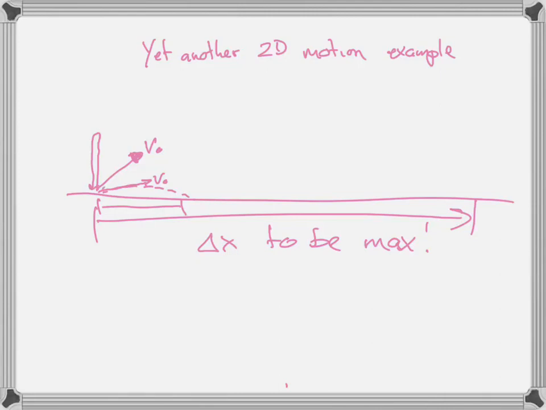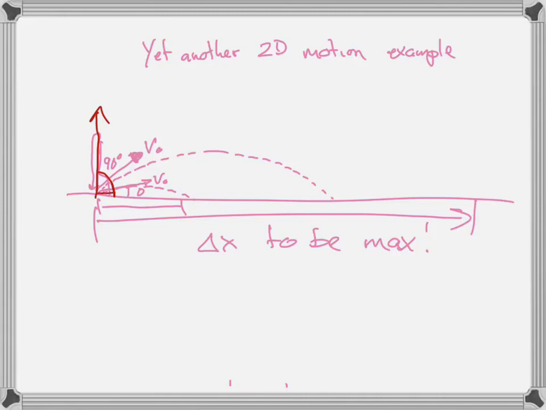So in order to get the greatest distance, I have got to throw it at some angle above 0 and below 90. This is close to 0 degrees, and this is at 90 degrees. If I throw straight up, that's a 90 degree angle.